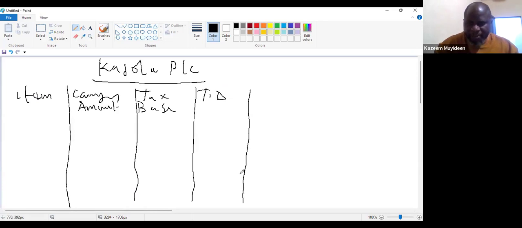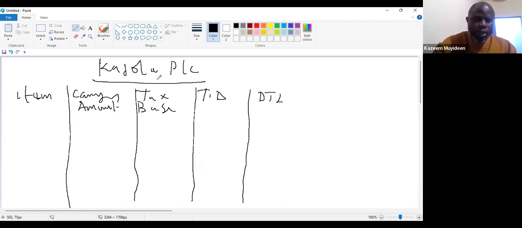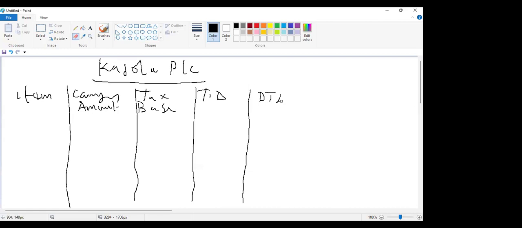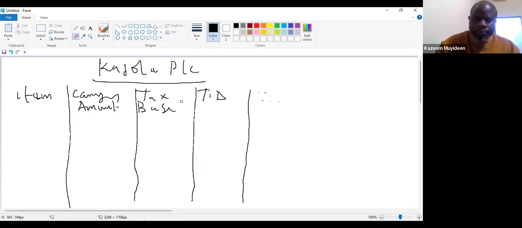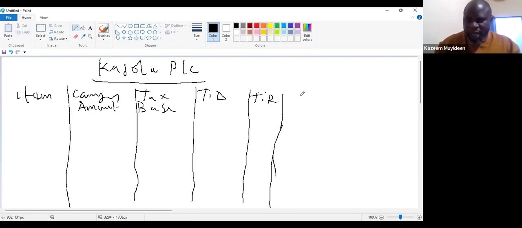Is he going to give us deferred tax liability or deferred tax assets? The tax rates.